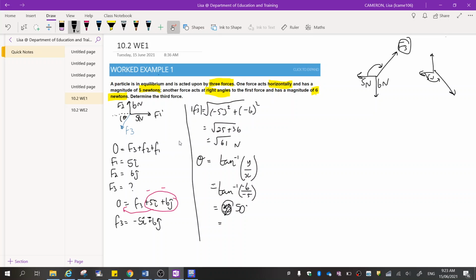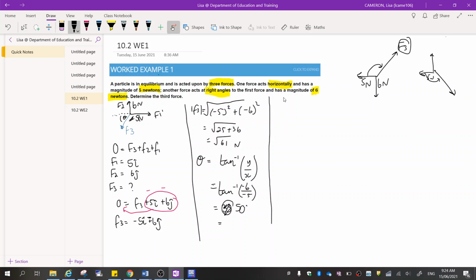So, like I said in the beginning of the video, now we have to orientate it to one of the axes. If I want to make it in relation to this 6 Newton force, I can do 90 degrees plus the angle. If I want to make it in relation to the 5 Newton force, I can do 180 degrees minus the angle, and that's going to leave me with this angle in here.